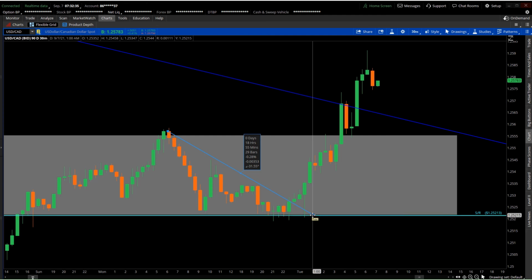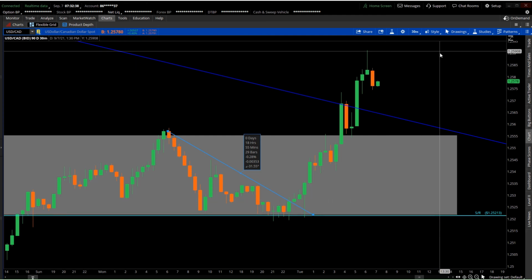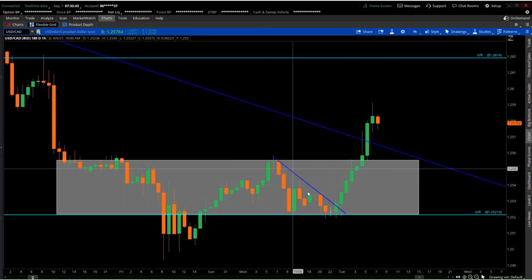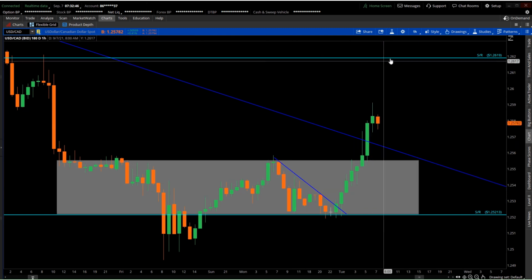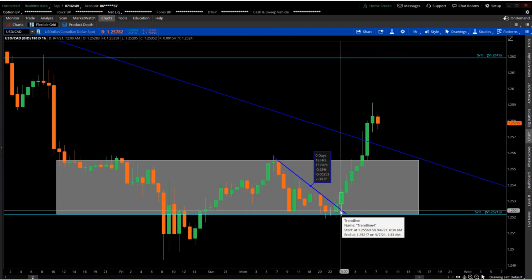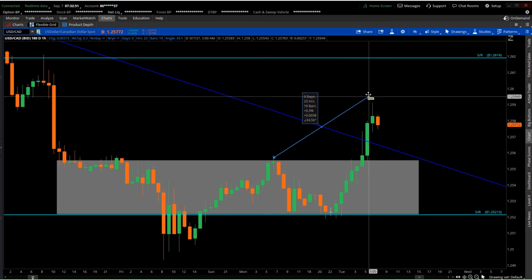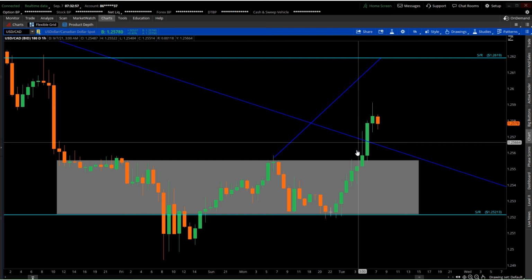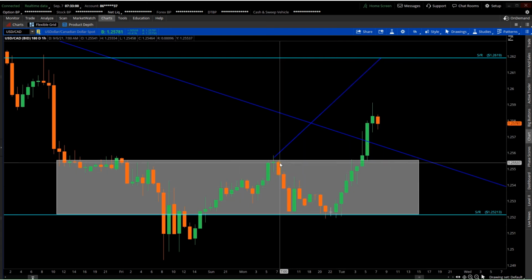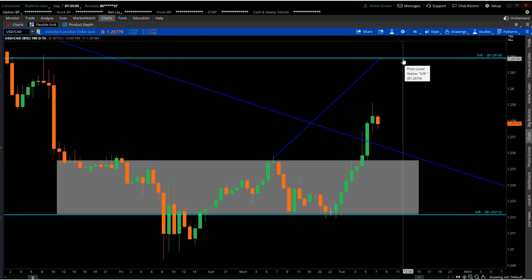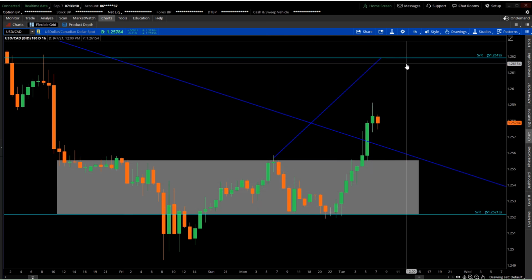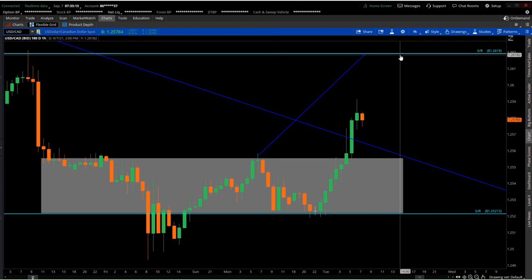So if, let me just back out a little bit more, if my theory is correct that it's going to retest this resistance level, then I'm looking at a 62 pip profit, right? Because I was down 24 at least, and then this swing high is double this. So this is possibly a $50 trade if I close it out here.